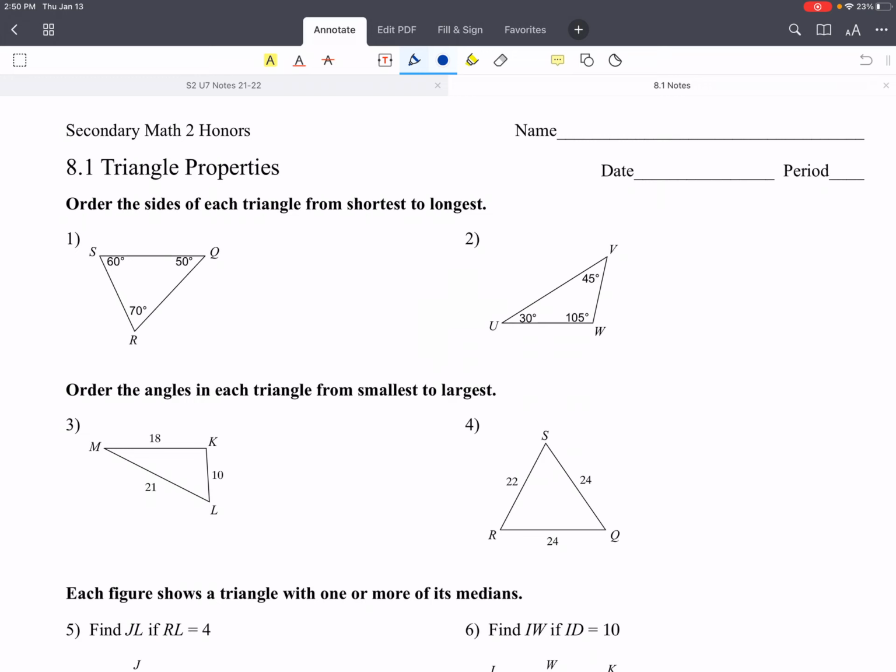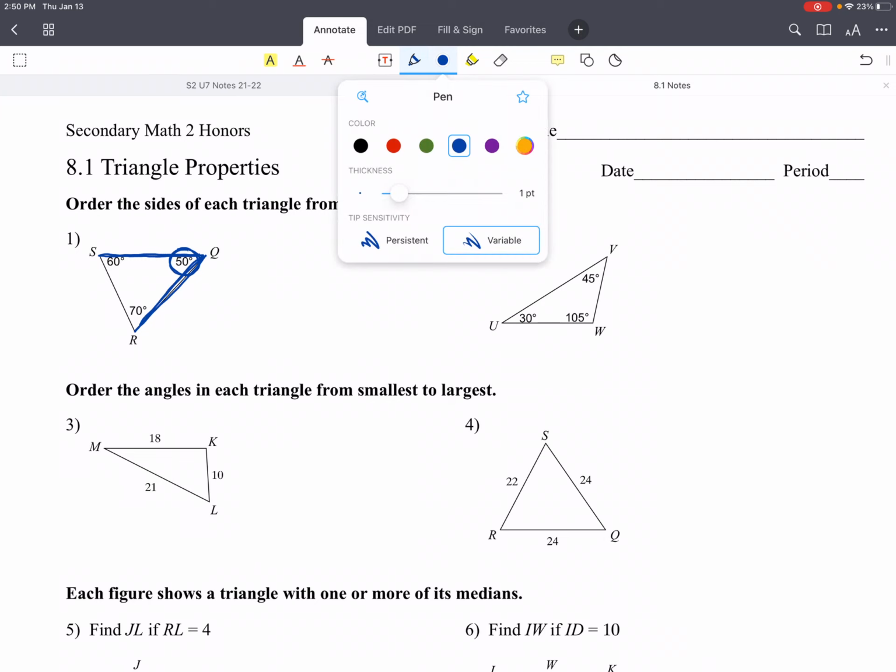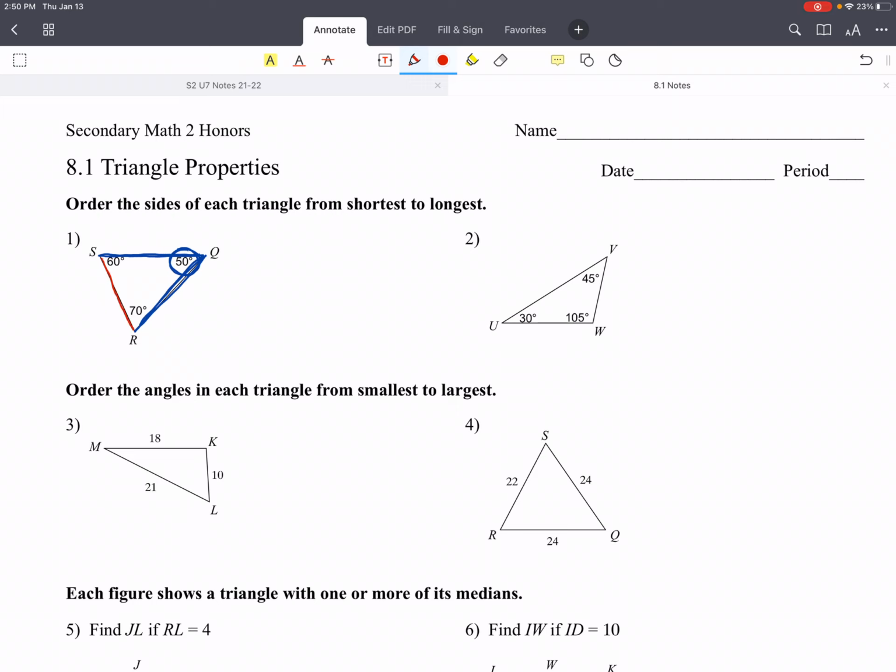We are going to order the sides of each triangle from shortest to longest. Well, think about it this way. If you have a small angle, the side that it creates, because here we have these two sides that are opening up to 50 degrees, and if the others are 60 and 70, well, this little friend of a side here has got to be shorter than the others because this side has been created by a smaller angle.